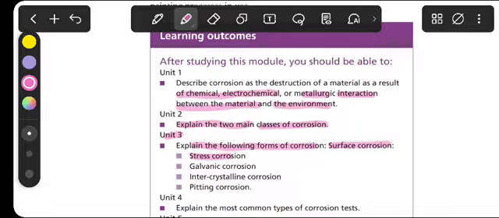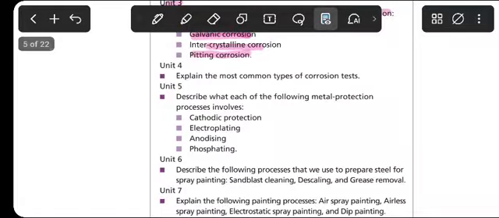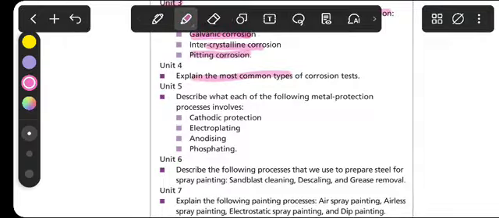They may ask on the exam to name the forms of corrosion: stress corrosion, galvanic corrosion, intercrystalline corrosion, pitting corrosion. Unit 4, explain the most common types of corrosion, and describe each of the following metal protection processes. This is just what you're supposed to know.